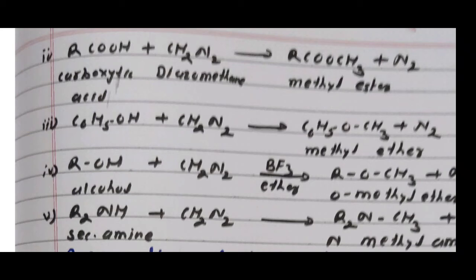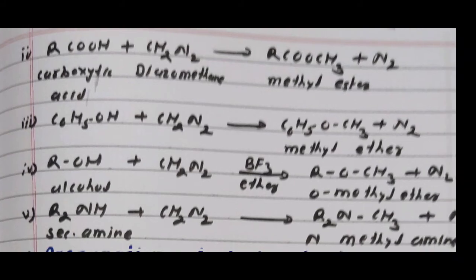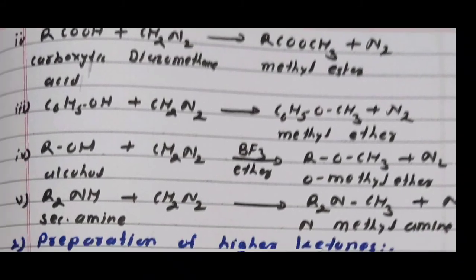Then I am showing the fourth reaction: ROH, the general formula for alcohol. ROH reacts with diazomethane in presence of BF3 and ether. Here in the case of OH, H is replaced and it is converted to ROCH3. The name of this compound is methyl ether. ROR, this linkage is the ether, formed by releasing N2 gas.